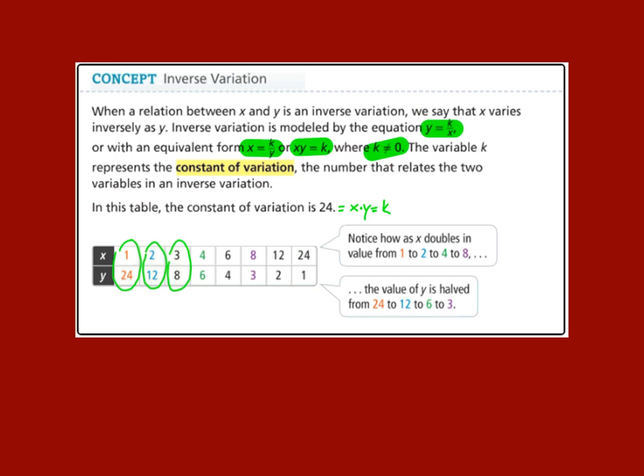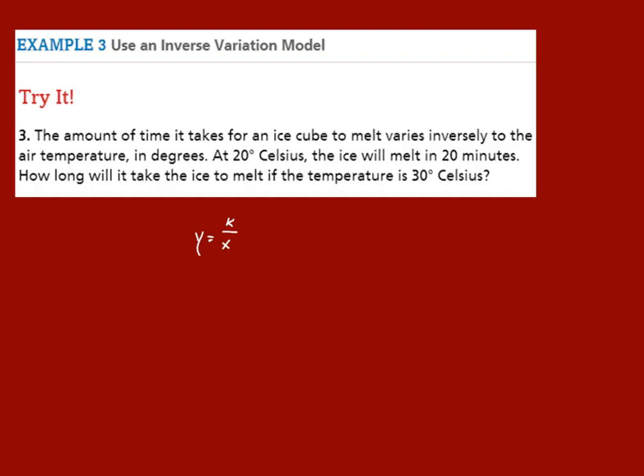Now, over here, they don't define what x and y is. What's okay about it is we can define it ourselves. If I let degrees be x and time be y, we'll get an equation that we can plug in.